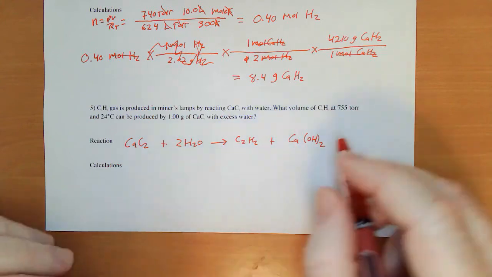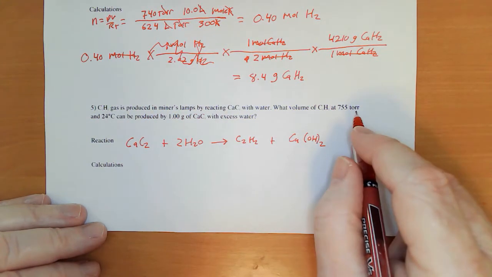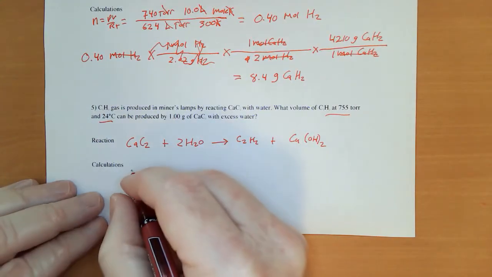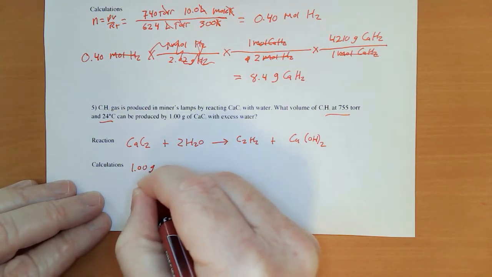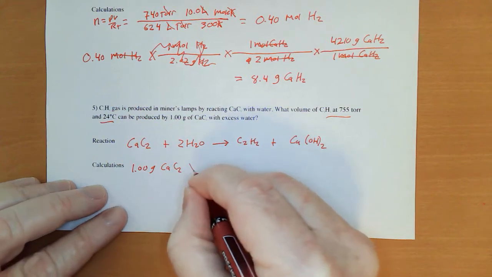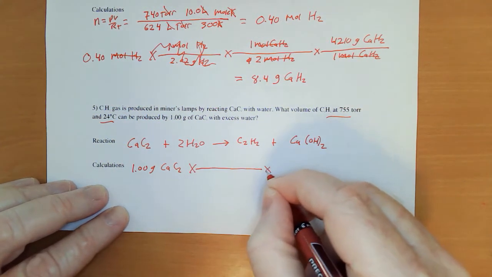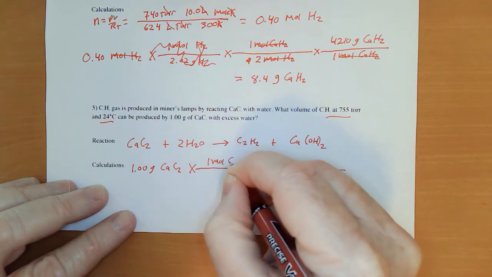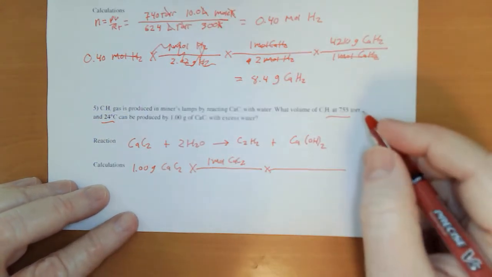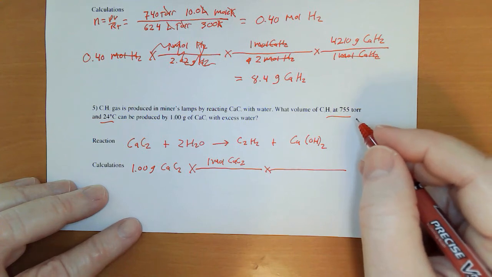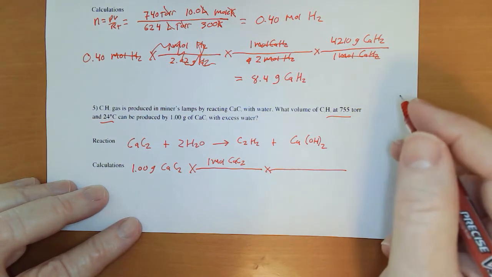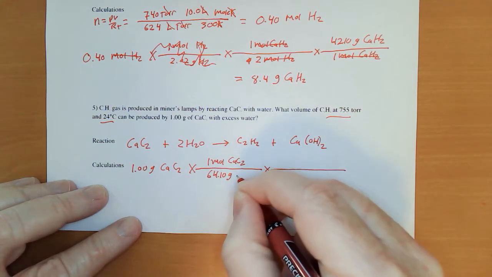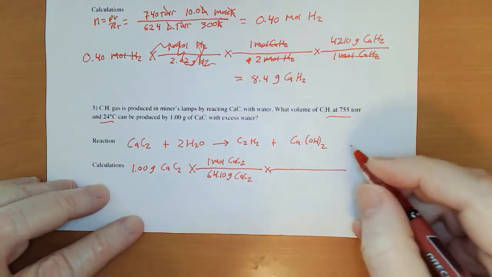All right, so what volume of the C2H2 at this temperature and pressure would be produced by 1.00 grams? 1.00 grams CaC2 times 1 mole CaC2, so 40 plus a couple for 2 times 12, 64.10 grams CaC2.